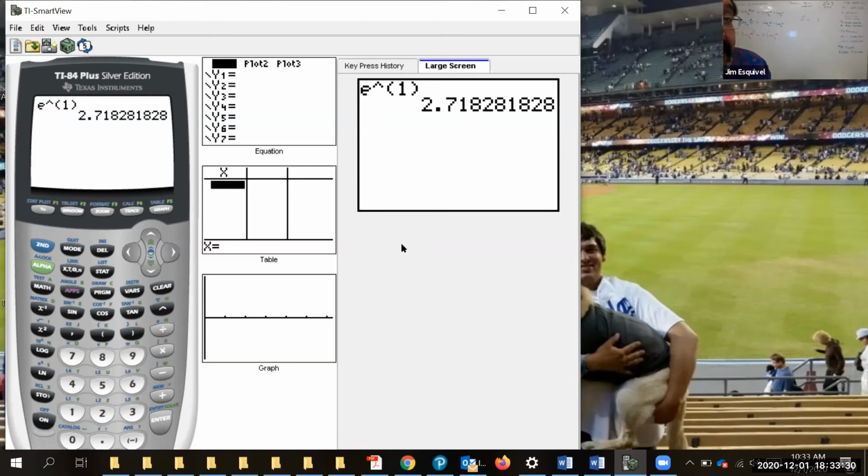From the seeds of a sunflower to the conch shells, it's all over nature. In finances, E pops up all over the place. When you take things to an infinite amount or infinitesimal amount, out pops the number E, the natural logarithmic number. So the natural logarithm undoes an e to the x, and the common logarithm, log, undoes a 10 to the x.